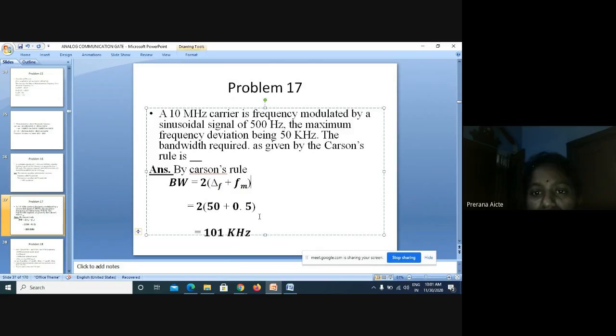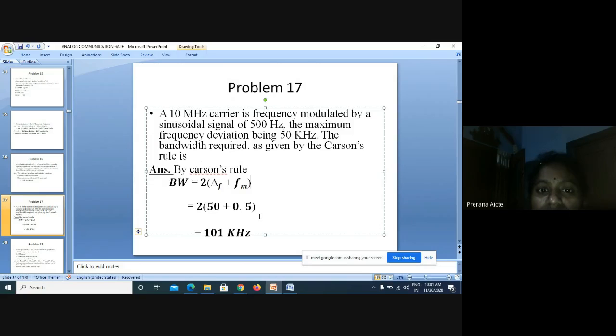So in this question they have given the following. You all know from Carson's rule, the bandwidth required for FM is 2 into del f plus fm, where del f is your frequency deviation and fm is the maximum message signal frequency.